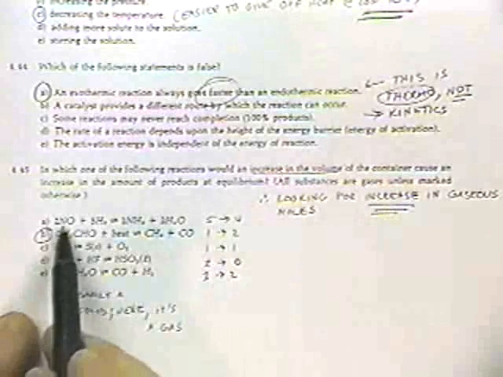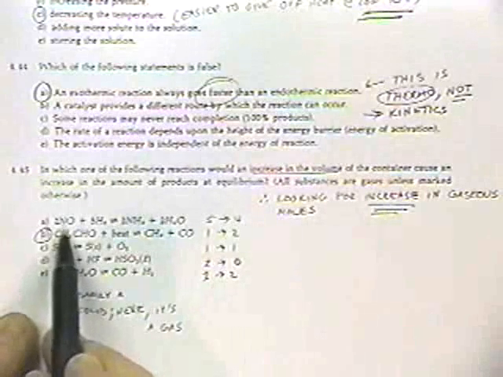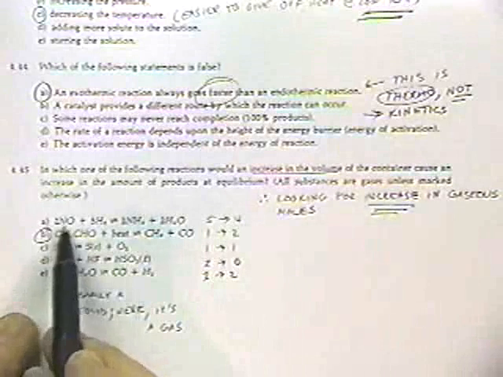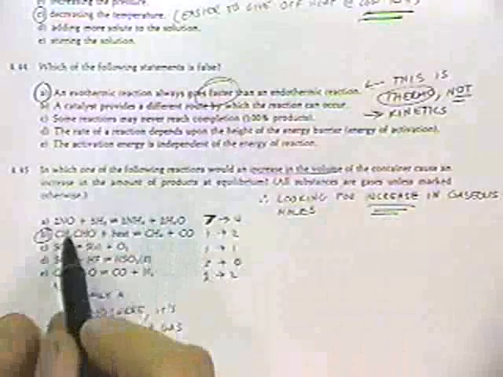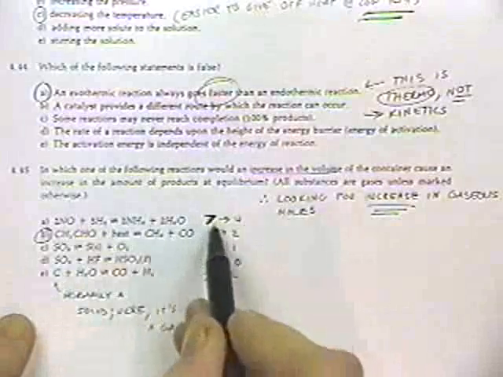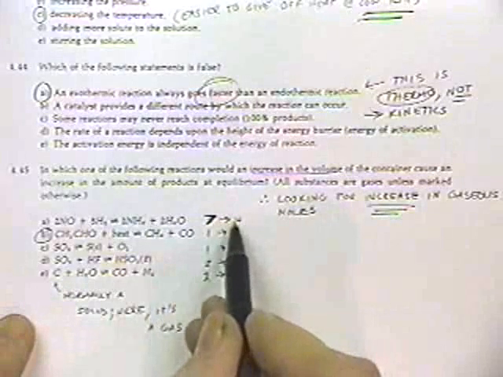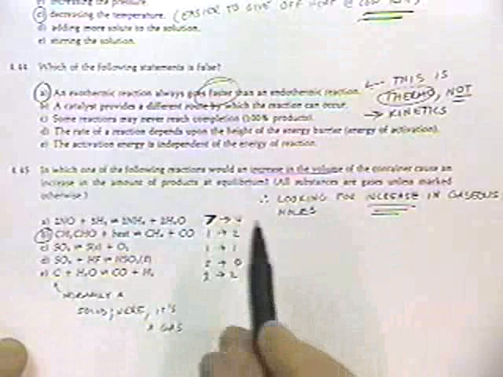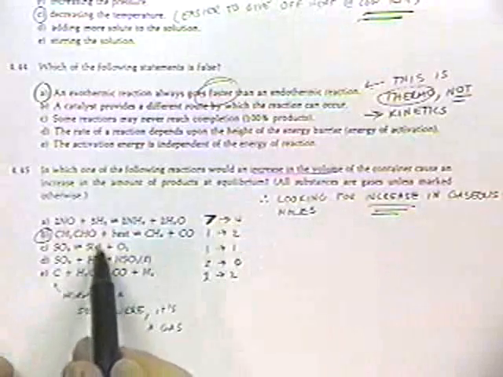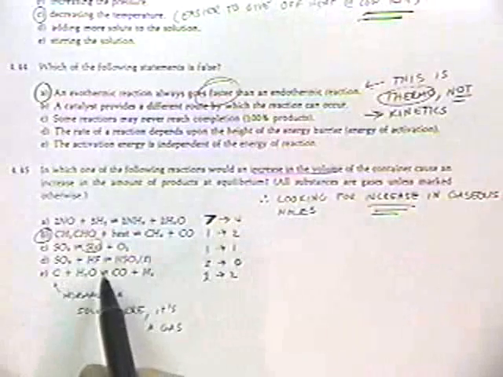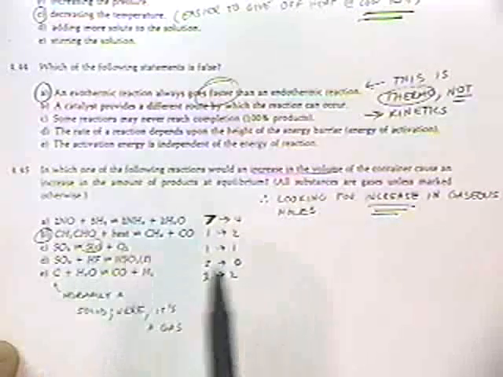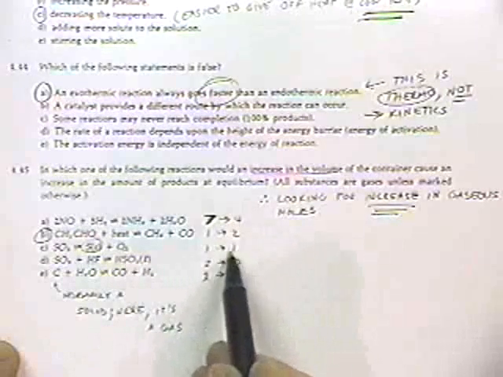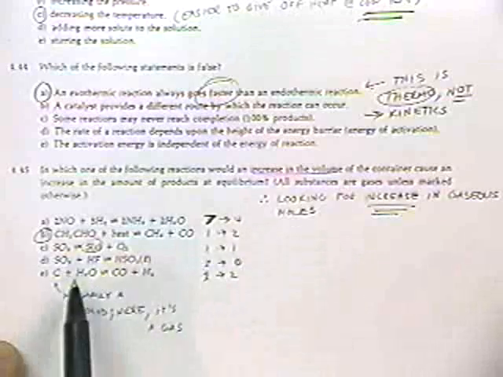So if we take a look at this reaction, we've got actually 7 species. There's an error here. 7 species going to 4. So that's a decrease in moles, so that's not going to be favored by increasing the volume or dropping the pressure. Here we have a solid, and so that's essentially removed from the reaction. So we have one gaseous species going to one gaseous species, so the pressure or the volume doesn't do anything with that.